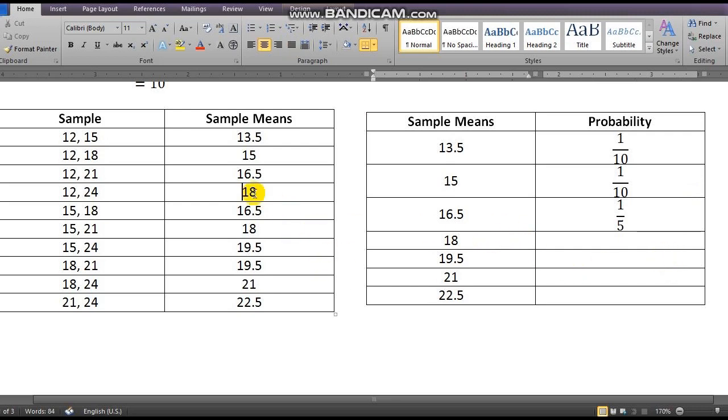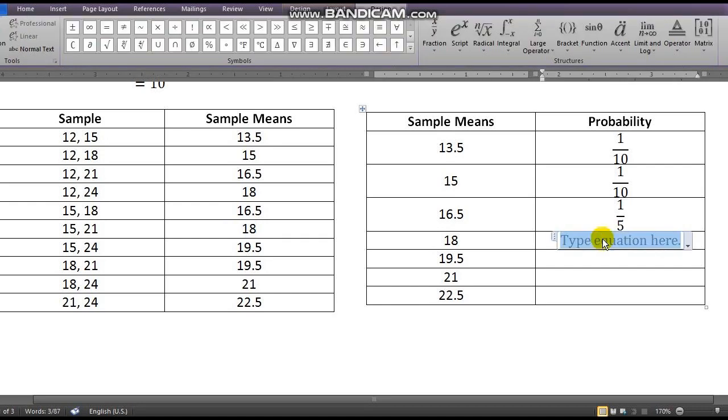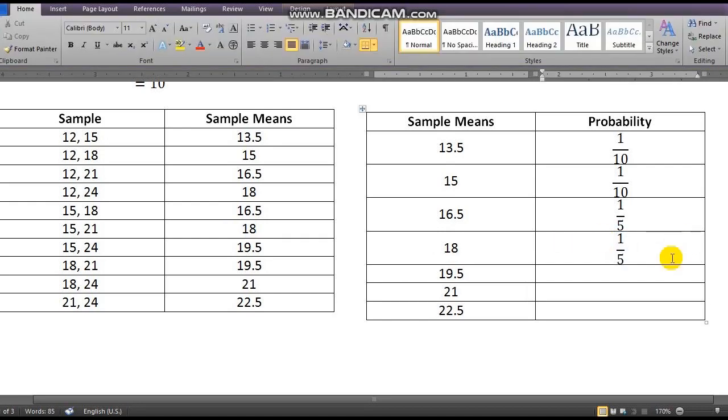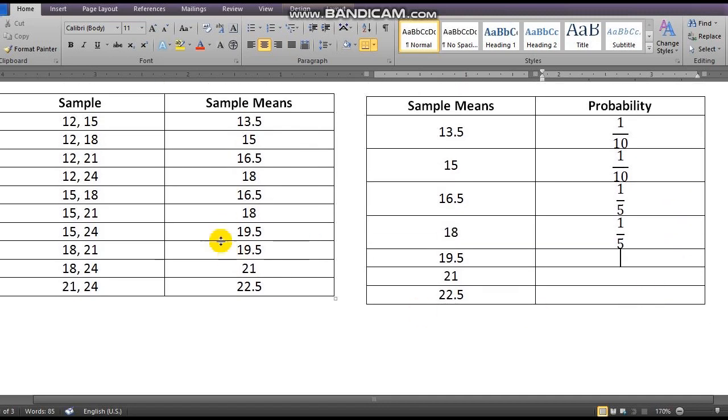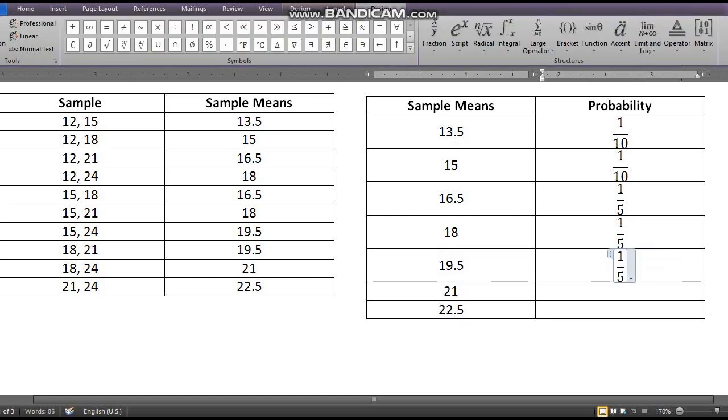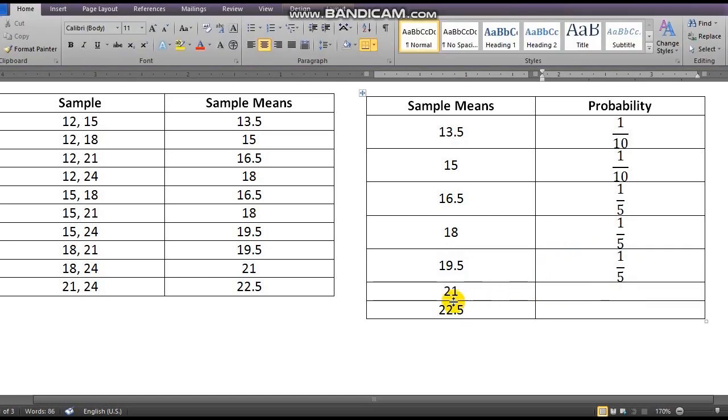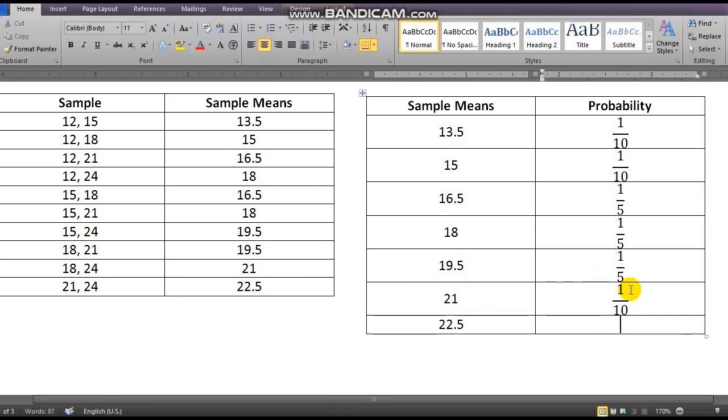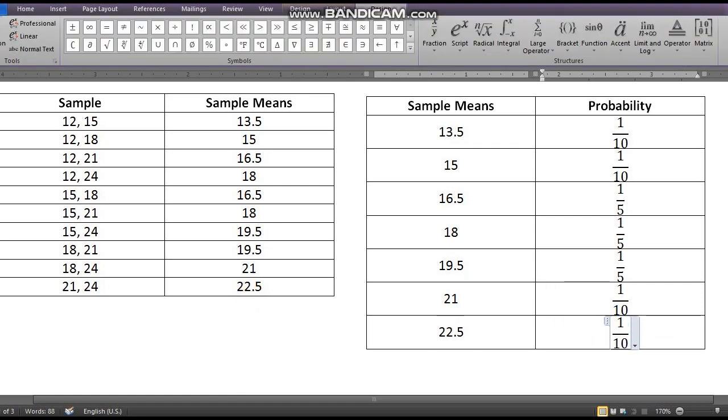We also have 18 right here. 18 appeared twice as well. So the probability is 2 out of 10, or simply 1 over 5. 19.5 appeared twice, so that's 2 out of 10, or just simply 1 over 5. We're just simplifying the fraction. 21 appeared only once, so the probability is 1 out of 10. And 22.5 appeared only once again, so that's 1 out of 10.